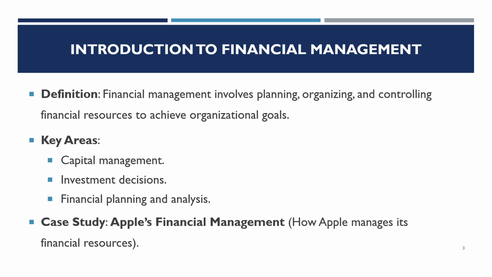Now let's start with the introduction. What is meant by financial management? Financial management is simply involving the functions of management, that means planning, organizing, and controlling the financial resources to achieve the organization's goals.